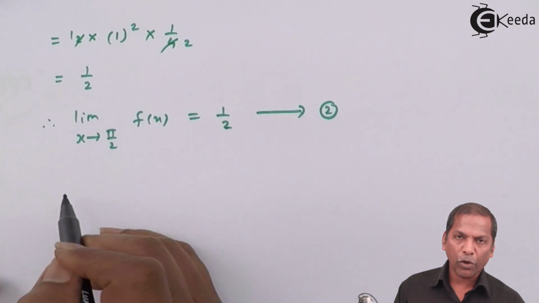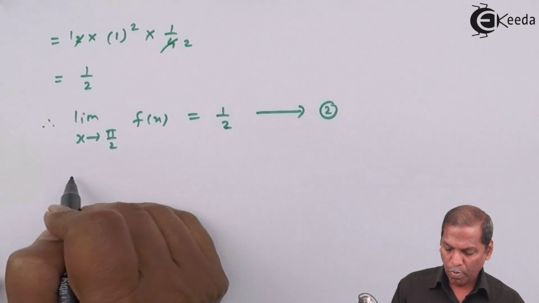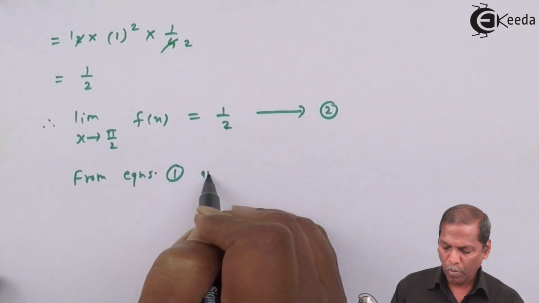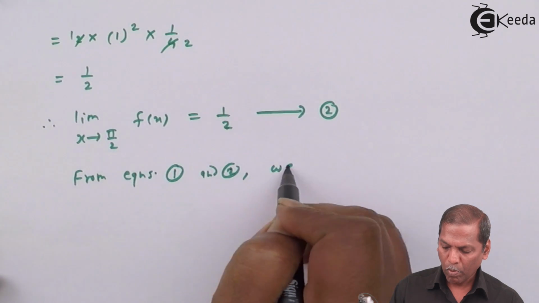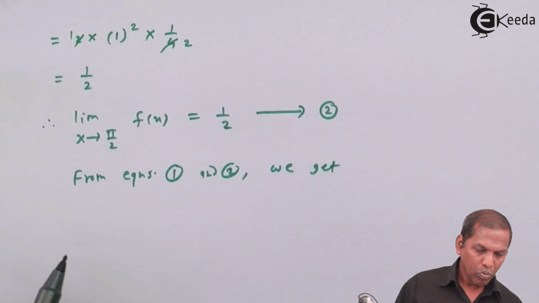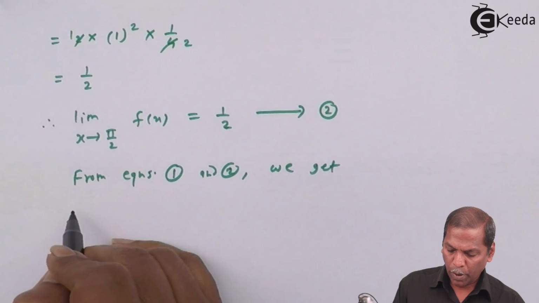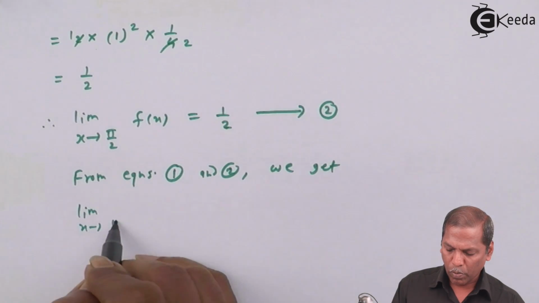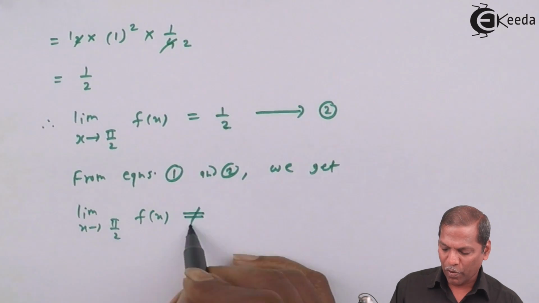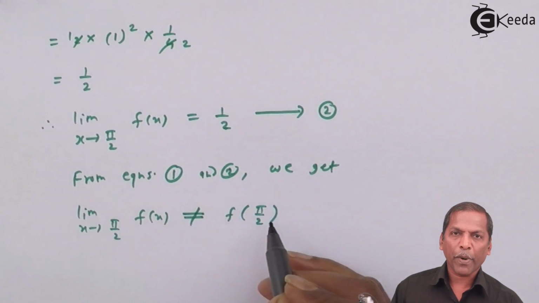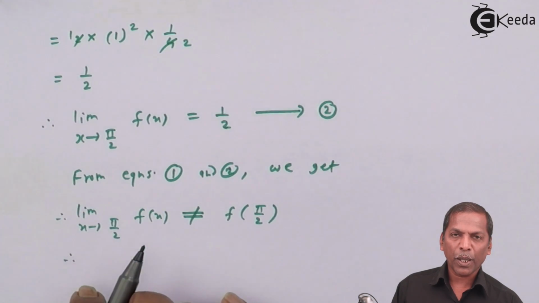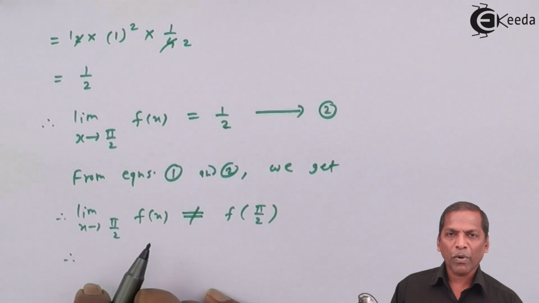Now from equation 1 and 2, we conclude that limit x tends to pi by 2 of f of x is not equal to f of pi by 2, and therefore the given function f of x is discontinuous at x equal to pi by 2.